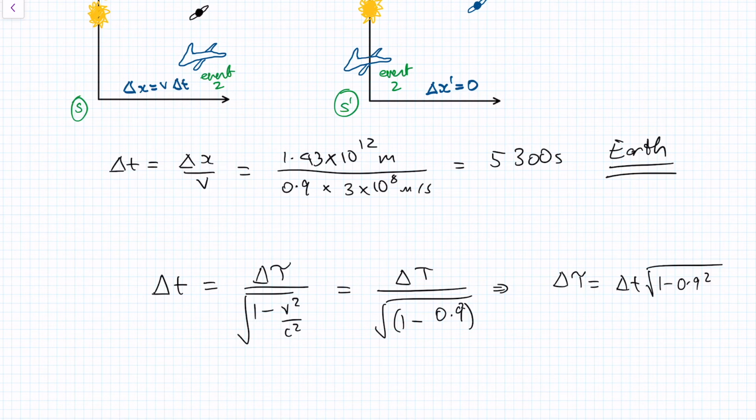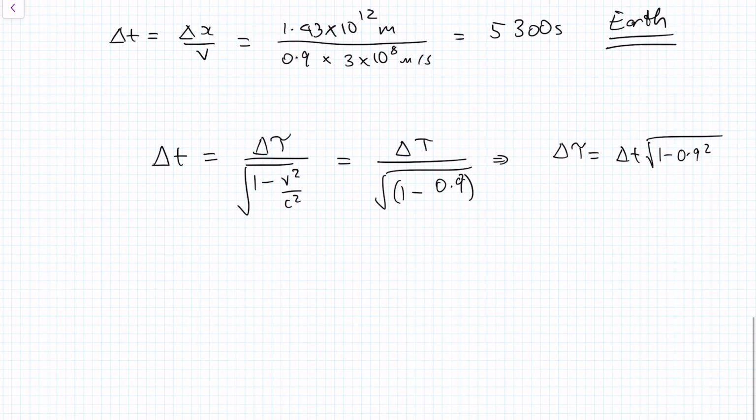If you carry out this calculation, and we know from the first part that delta t is 5,300 seconds, you will get approximately 2,310 seconds. As you can see, that is almost half of the value observed from Earth, isn't it? So this is what time dilation is.